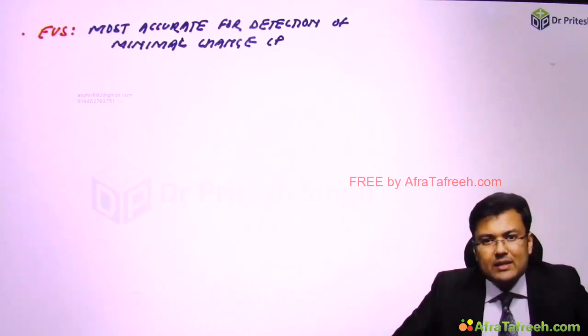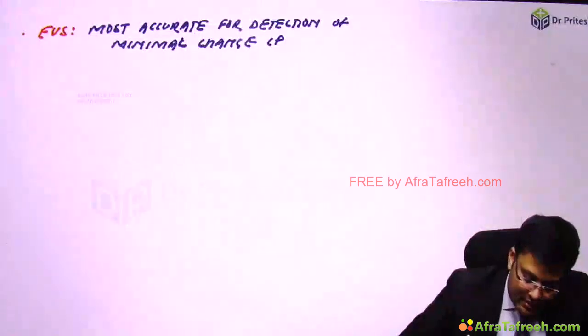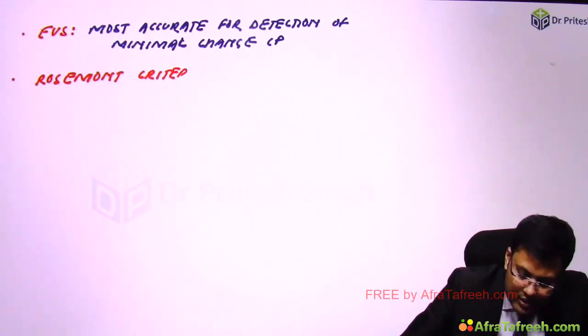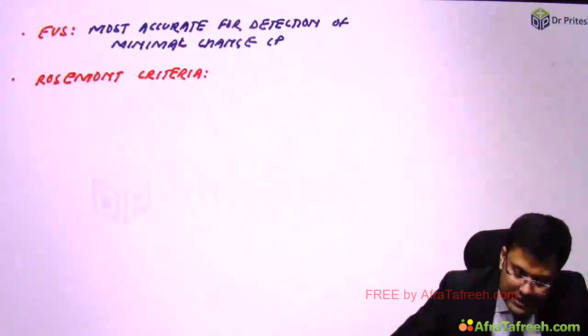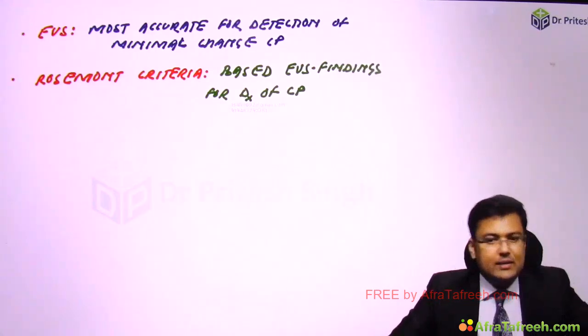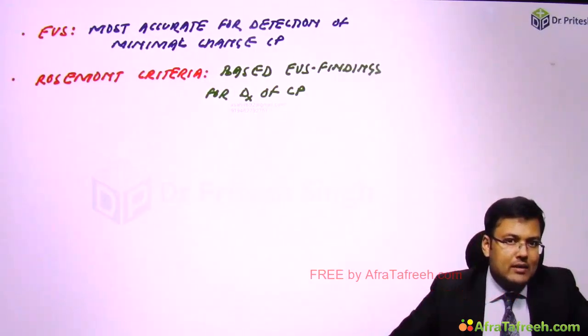In this, the changes are limited to minor ducts only, and there is a criteria. What's the name of criteria? It's the Rosemont criteria. Rosemont criteria is based on endoscopic ultrasound findings for diagnosis of chronic pancreatitis.